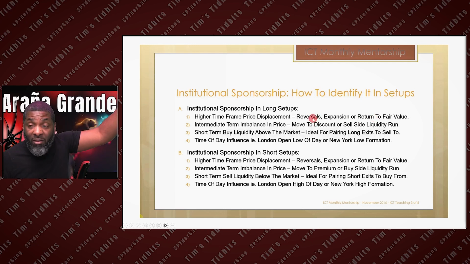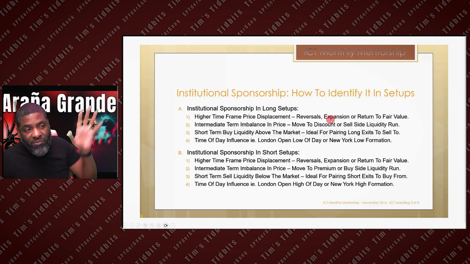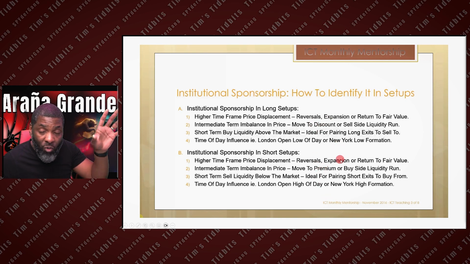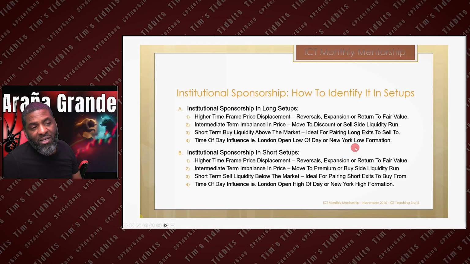Meaning when you get a large expansion and you do a retrace, that's a return to fair value. Your expansion is moving away from an area, and then when you return to fair value, you just retrace or move back to discount or premium, depending on if you're bullish or bearish. And then running sell stops or running buy stops. That's all it is, an intermediate term imbalance in price.